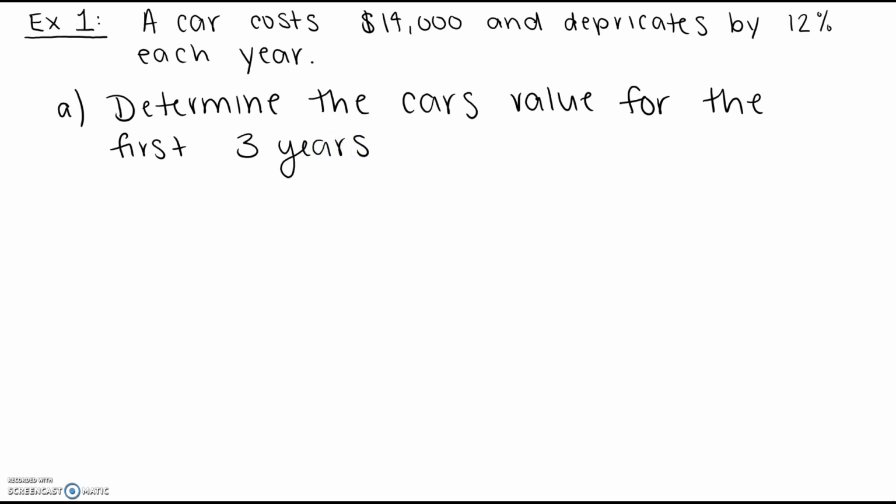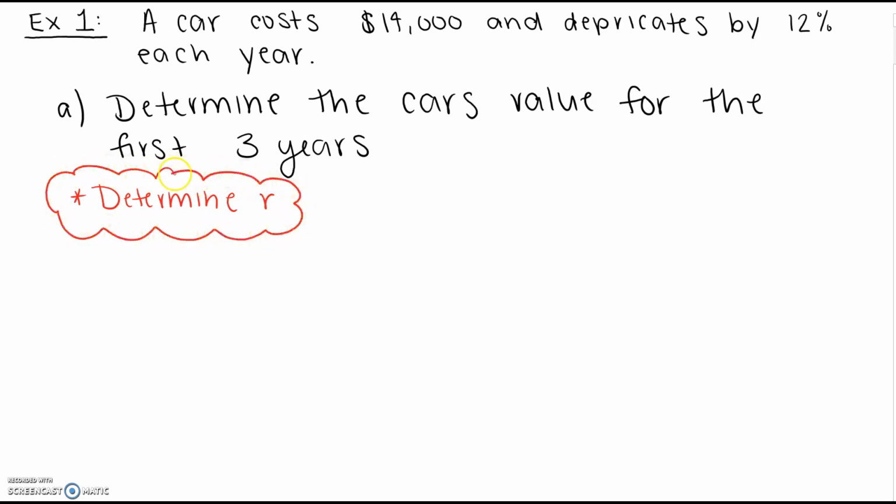So what we need to do is determine r. To find r, the common ratio, I'll say CR just for common ratio. We know that it's depreciating, so it's going down by 12% each year.